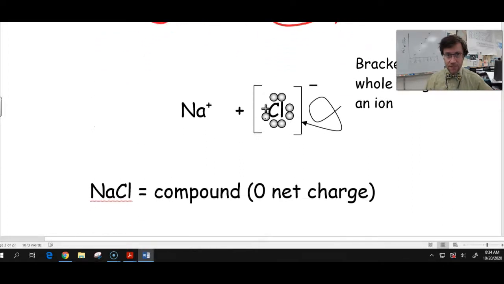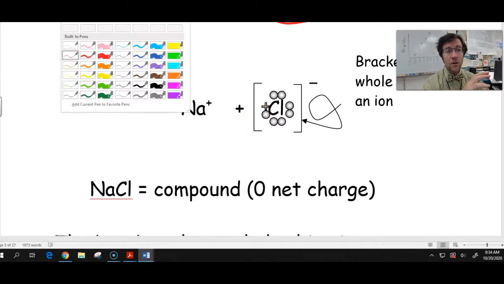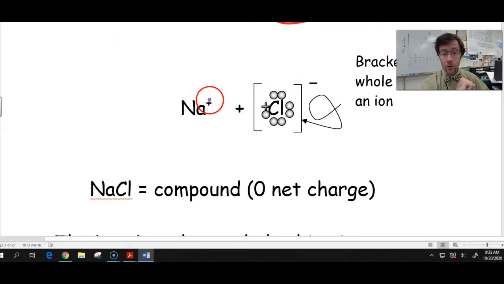Do you guys get what I'm saying? One of the things we like to do, and it'll serve you well in the future, is this: when we draw ions, for the positive ones you just put the symbol and then a charge. But for the negative ions, it is very important that we put brackets around the ion, with the charge on the outside.